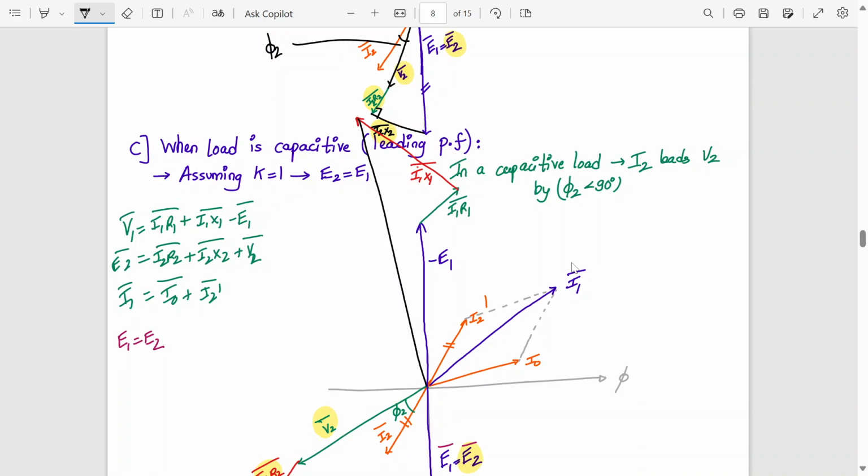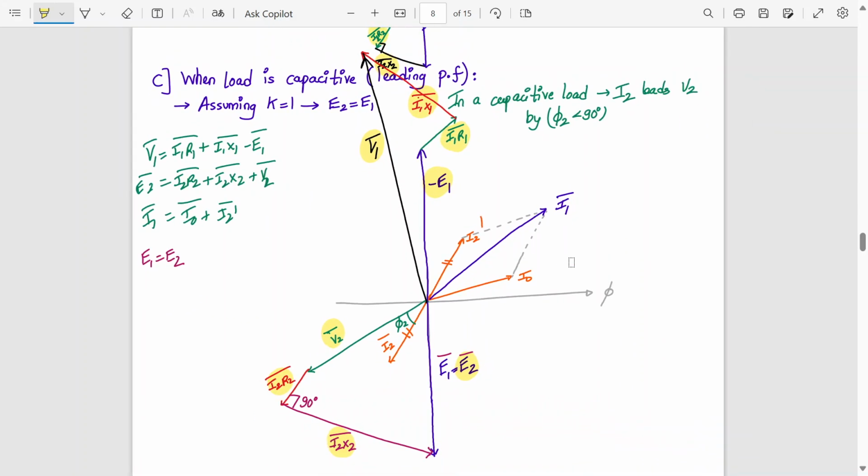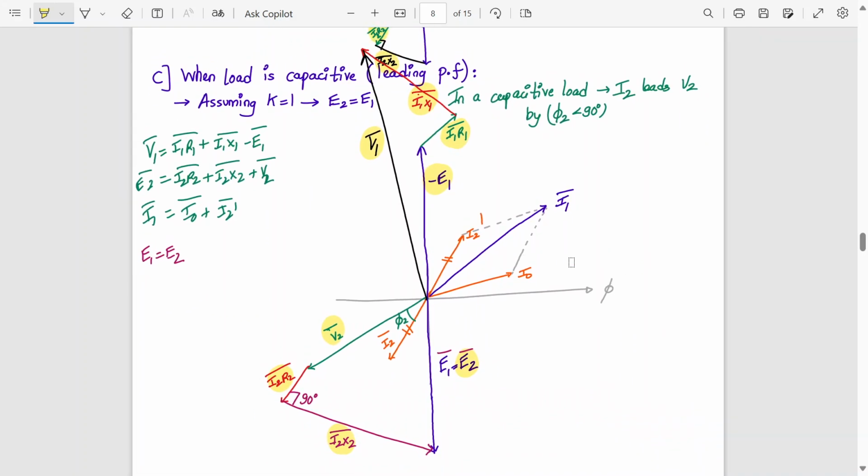Maybe now it will come. Yes. So what is this line? This is V1, so V1 will be equal to I1 R1 plus I1 X1 minus E2. And this completes the phasor diagram for a capacitive load.